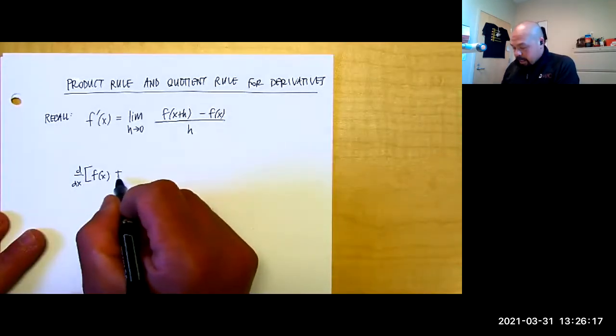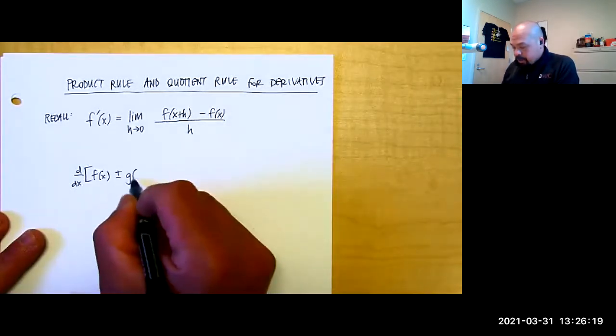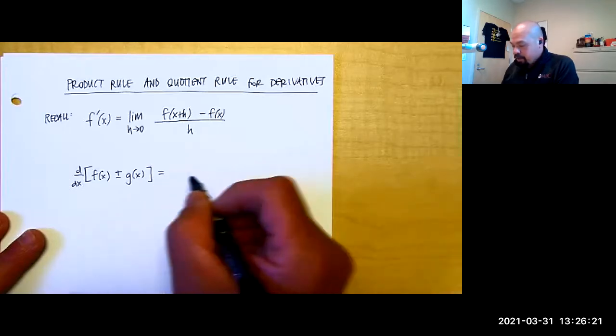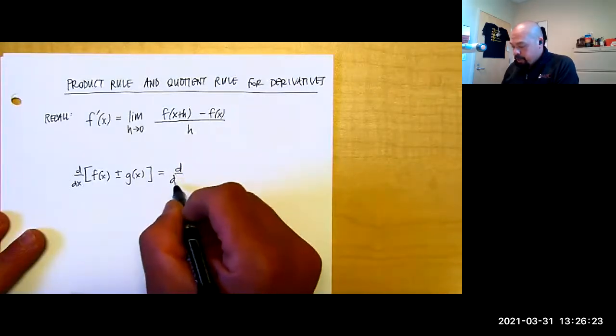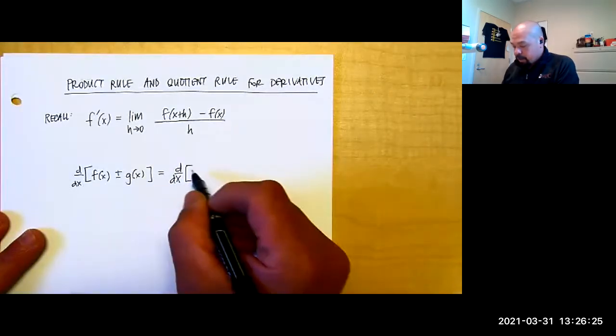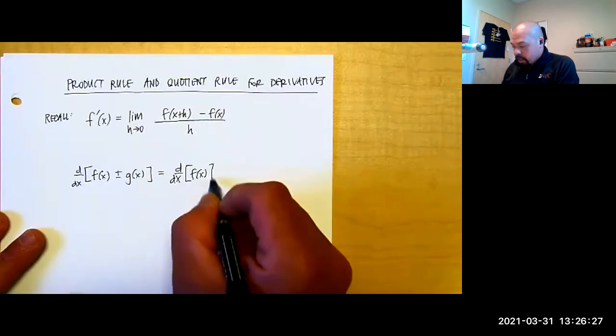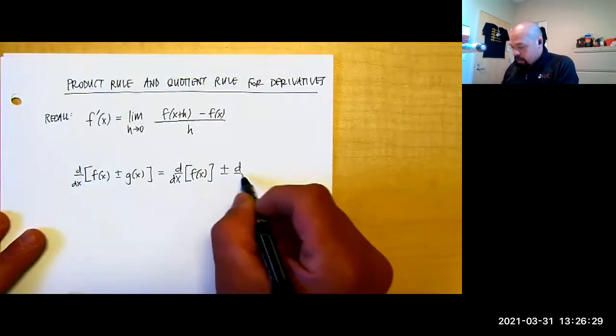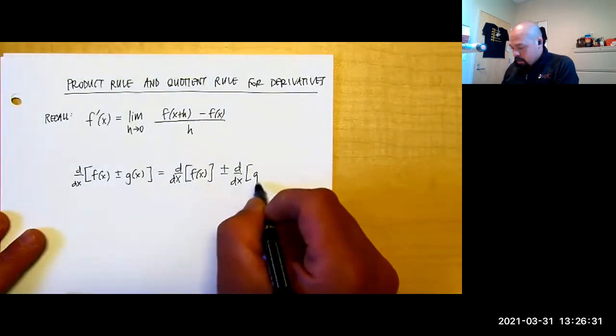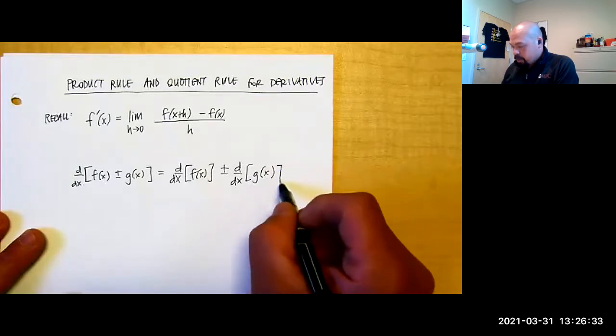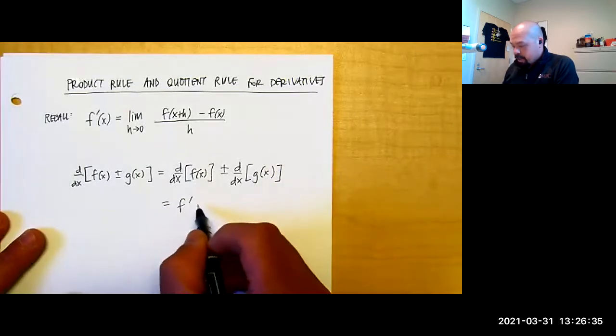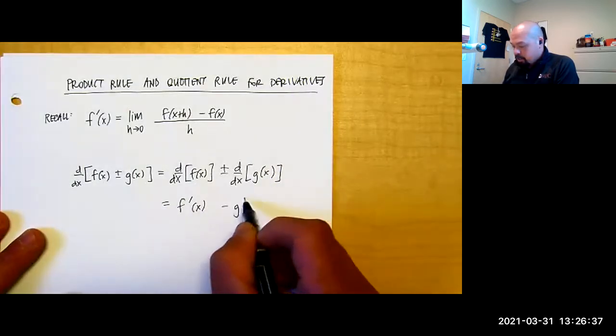But what I wanted to get into is that if we do the sum or difference of two functions, that derivative, d dx, the derivative with respect to x, we can just take the sum or difference of those individual functions, right? That's the same thing as saying we're doing f prime of x minus g prime of x.